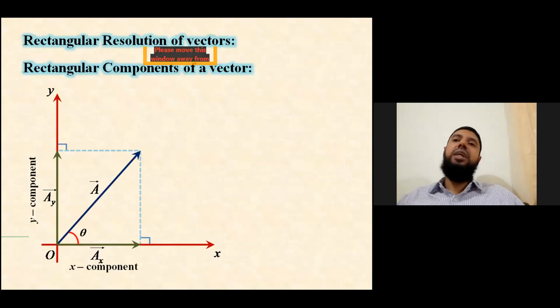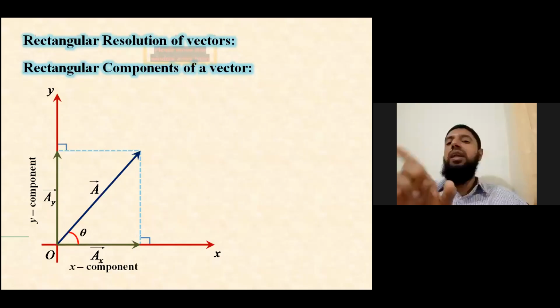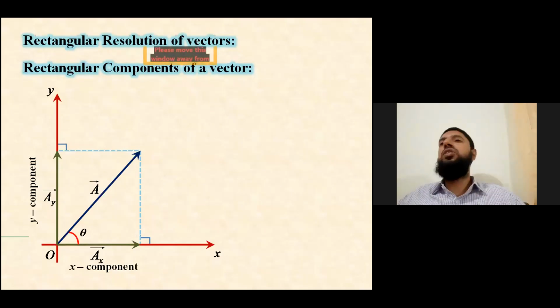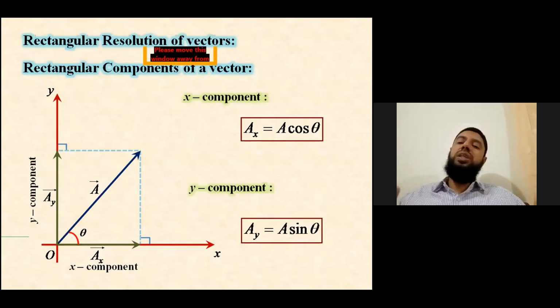The x component is the component adjacent to the vector, along the x-axis, the adjacent side in trigonometric notation. The x component is given by ax equals a cos theta and the y component ay is equal to a sin theta.